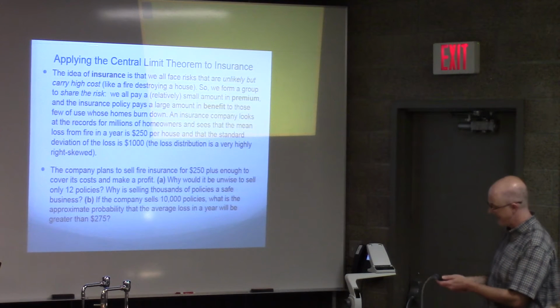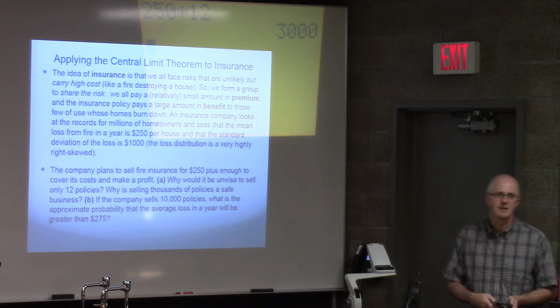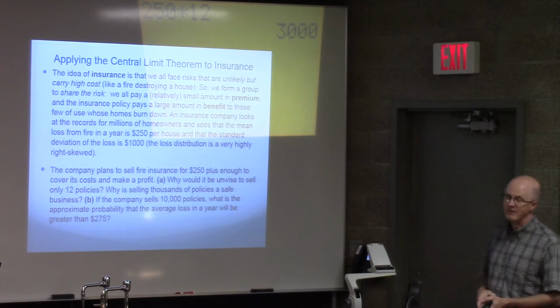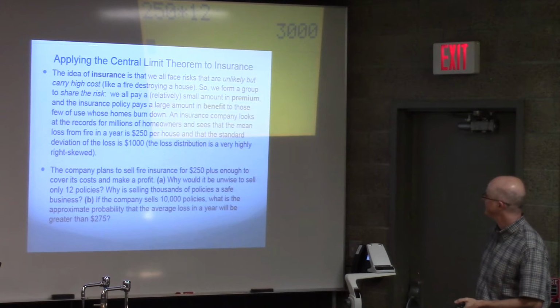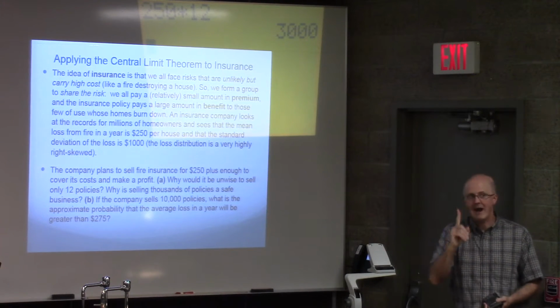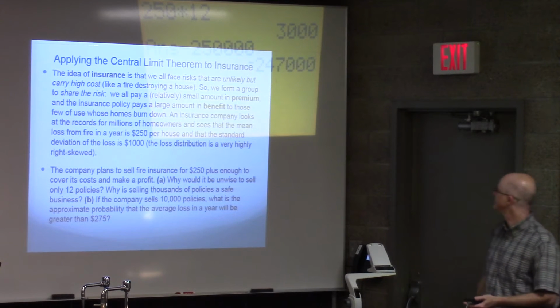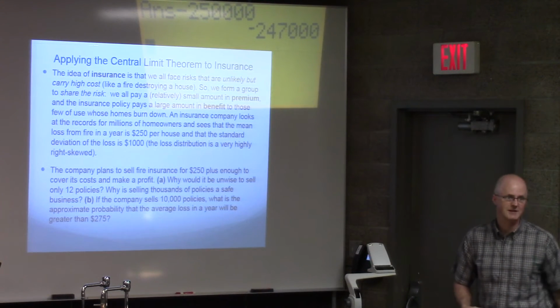So most likely they'd make 250 times 12, plus more to cover their costs and make a profit, although that's taking into account the possibility of loss initially. But if even one house went on fire, they might have to pay out $250,000 and they'd lose almost $250,000.